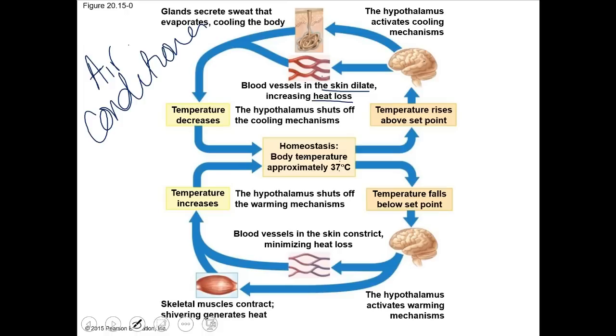If your body temperature falls below, the brain will send a different signal. It will constrict the blood vessels. It will stimulate muscle contractions and shivering, the shiver shakes, but that'll actually increase your temperature. And when your temperature gets to a certain point, it will tell the brain to shut it off. So when you reach the part that you want, it will actually turn that off. That's negative feedback. Okay. And there you go.